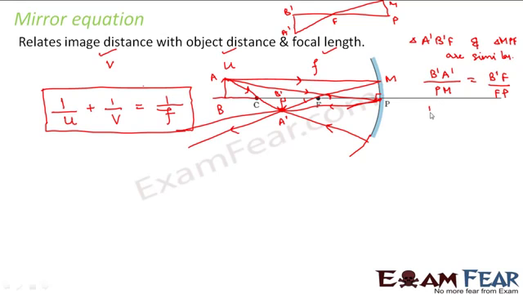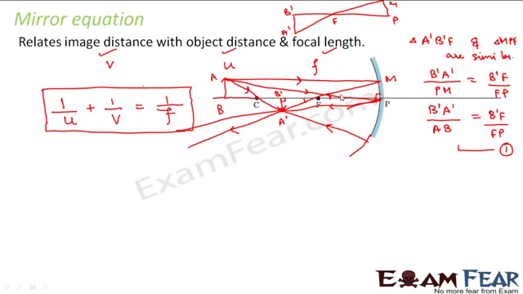Now what is PM? PM is nothing but AB. If you look at this diagram, the length AB is the same as PM. So you can write B dash A dash divided by AB is equal to B dash F divided by FP. Let me call this equation 1.